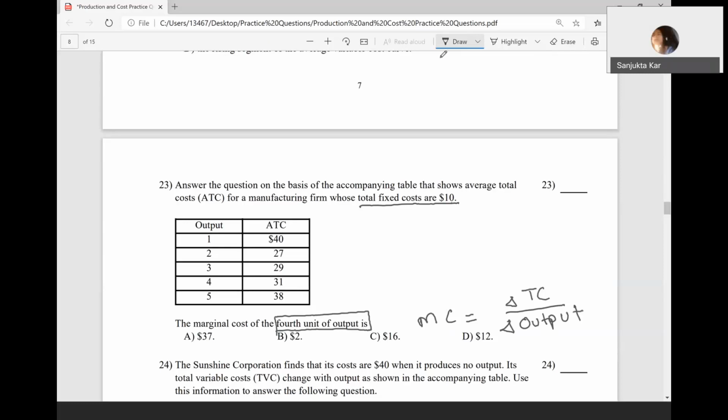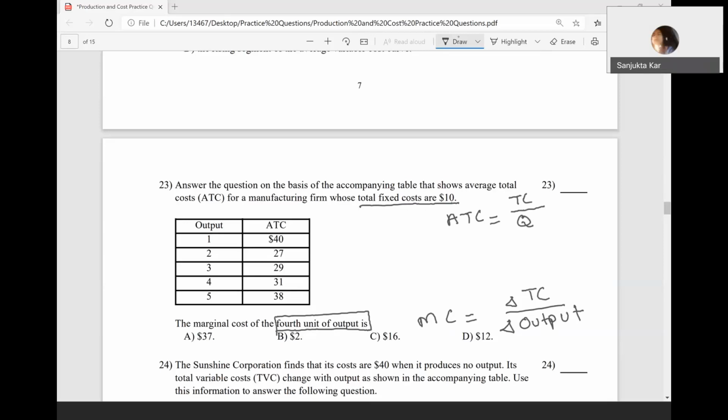So the next question is, how do you find out the total cost of production? The average total cost is total cost over output. I strongly recommend taking a look at the formulas.